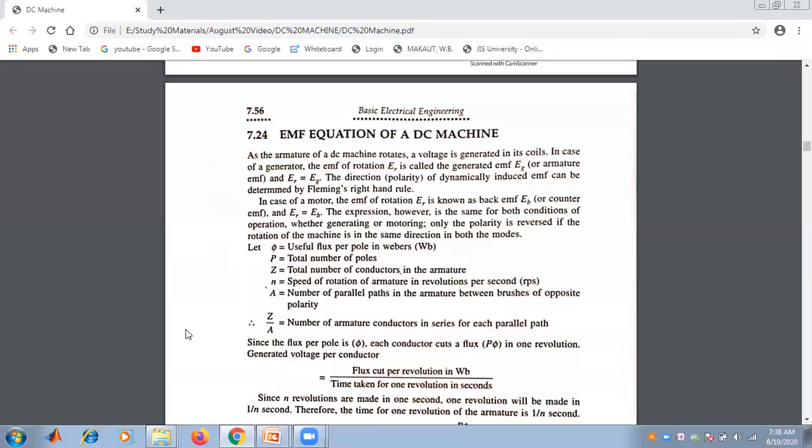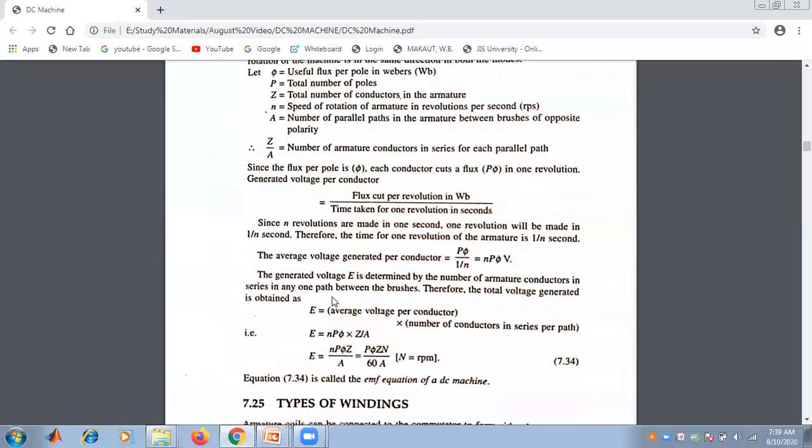So let us take phi as the useful flux per pole in Webers, P is the total number of poles, Z is the total number of conductors in armature, N is the speed of rotation of armature in revolutions per second, that is RPS, A is the number of parallel paths in armature between brushes of opposite polarity, and Z by A is the number of armature conductors in series for each parallel path.